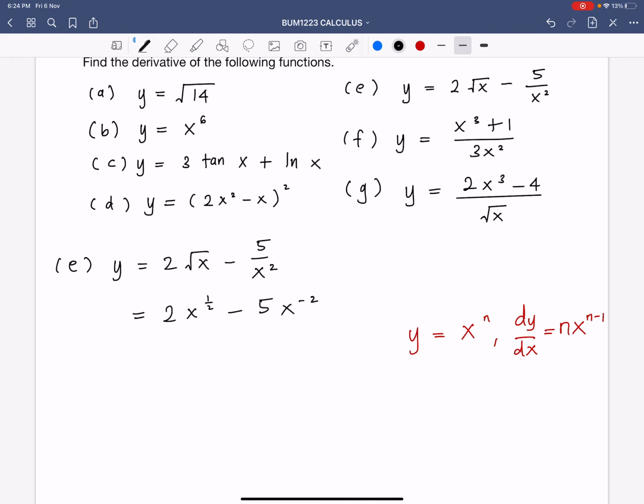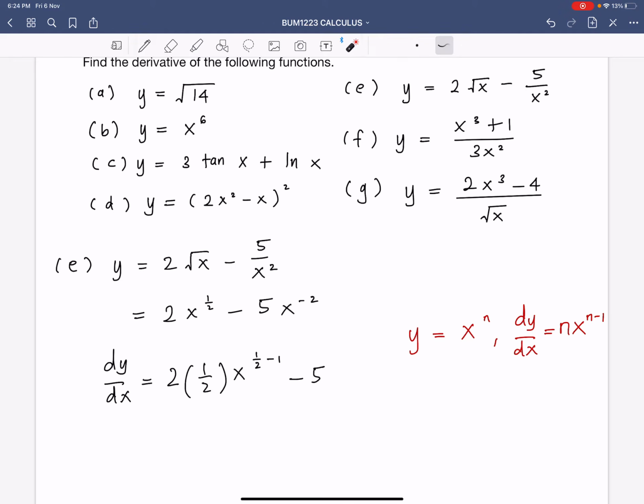Okay, so now we can find the derivative of y, where dy dx is equal to, these two constants remain in the derivative, and then times, here we have x power of n, therefore our n is 1 over 2. So times 1 over 2, x power of 1 over 2 minus 1, and then minus 5.